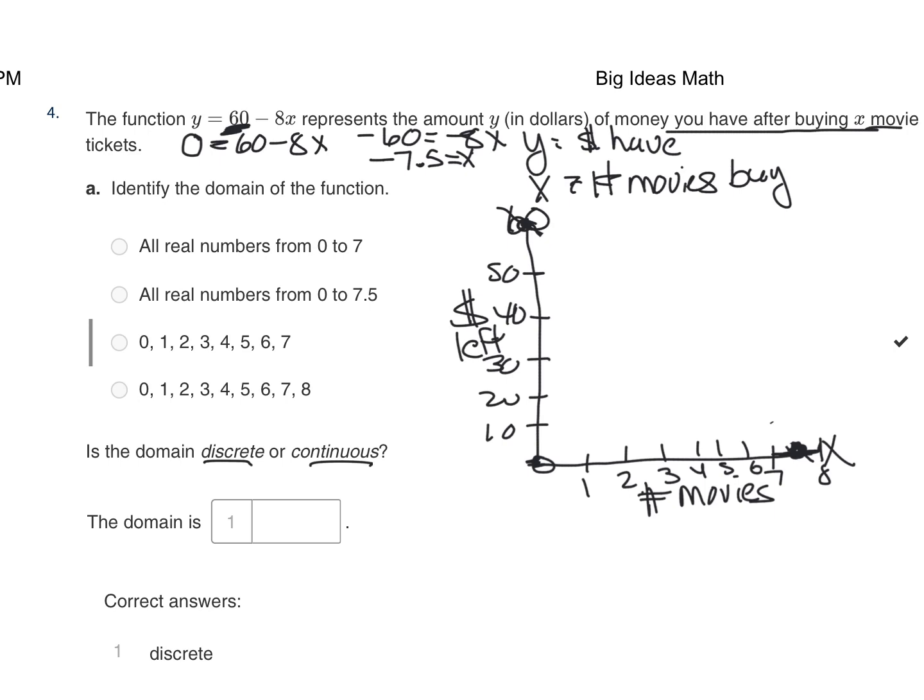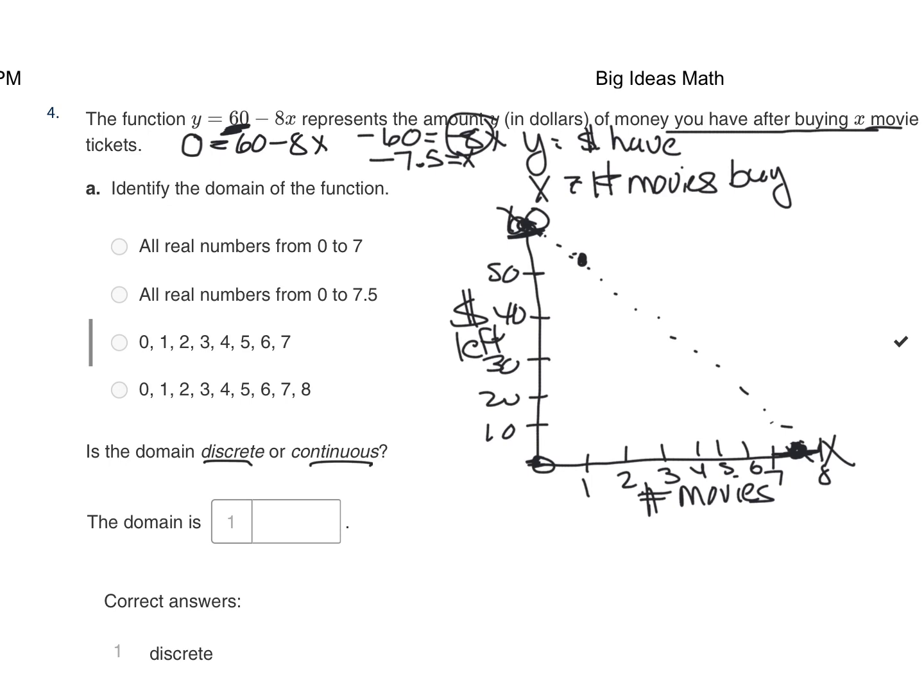So if I have my little imaginary line there, if I buy one movie, I had 60. How much does a movie cost? $8. So I'm going to have $52, right? And then if I buy another movie, 52 minus 8.